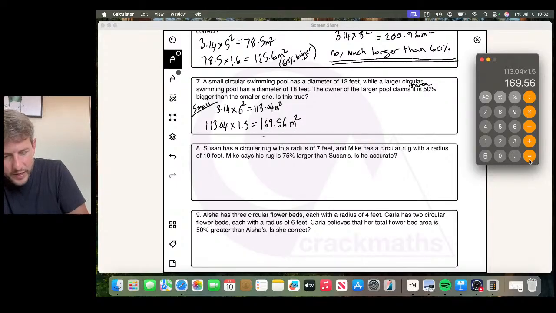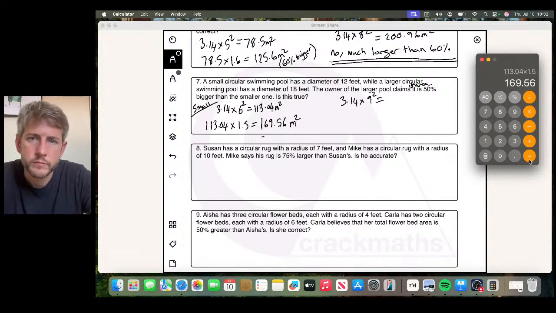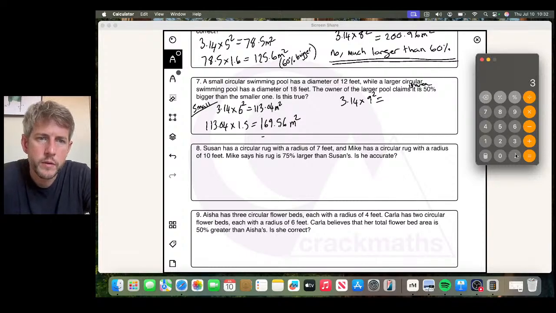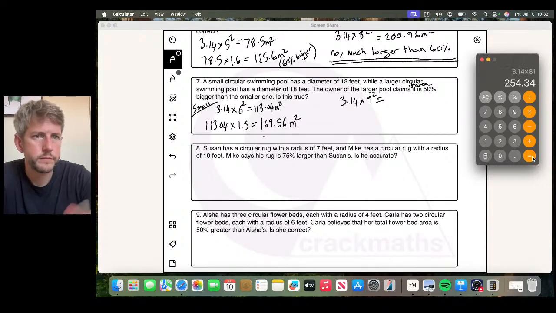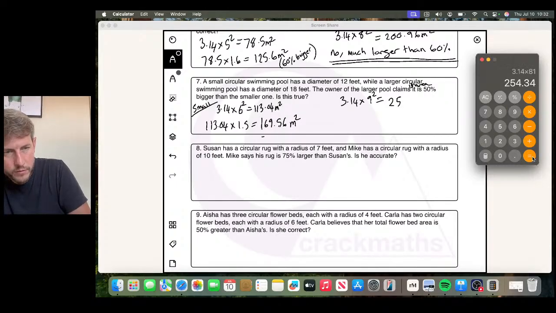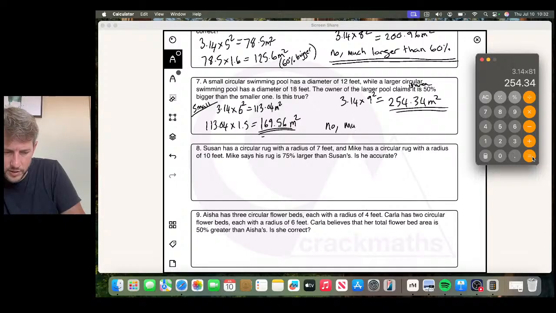Okay, then let's work out his one. So we've got 3.14 times 9 squared, which is 254.34. Okay, so we've got this, we've got this. No, much larger.